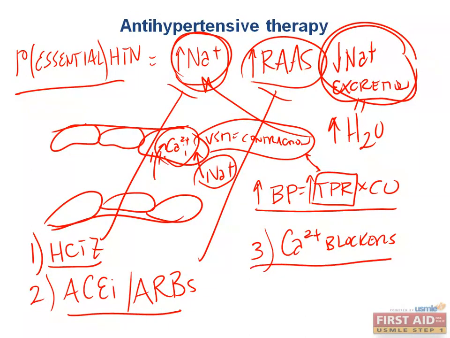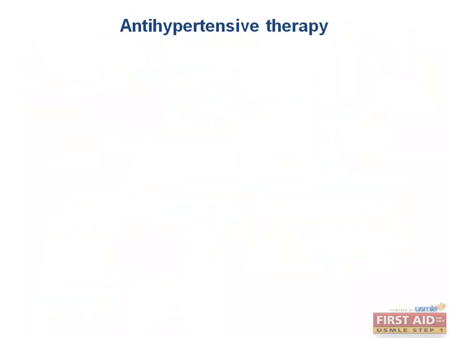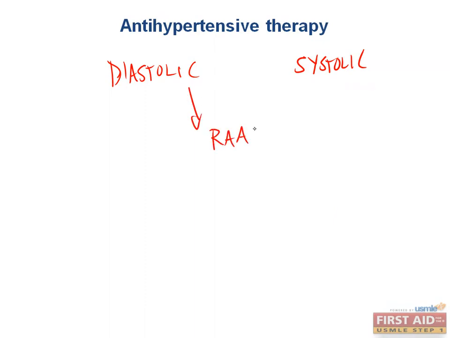Okay, so what is the difference in treatment between primary hypertension and hypertension with congestive heart failure? Well, the congestive heart failure either resulted from a diastolic or a systolic dysfunction. Either way, both of these eventually led to the activation of the renin-angiotensin-aldosterone system, the sympathetic nervous system, and also led to a component of endothelial cell dysfunction.